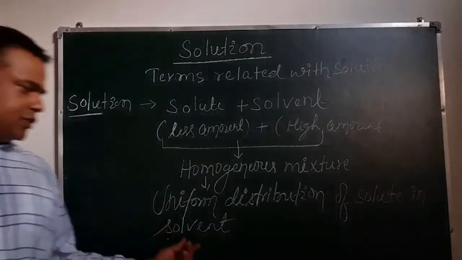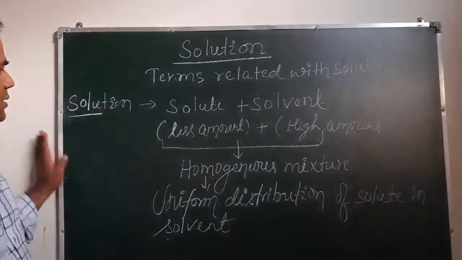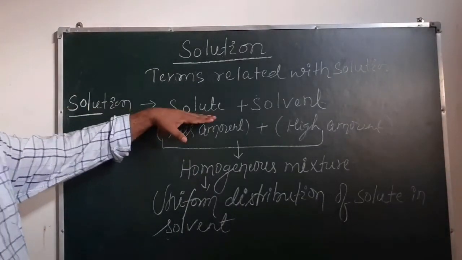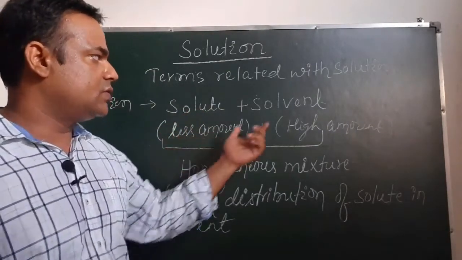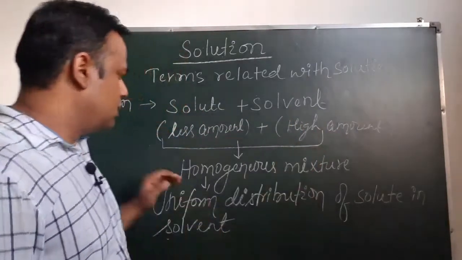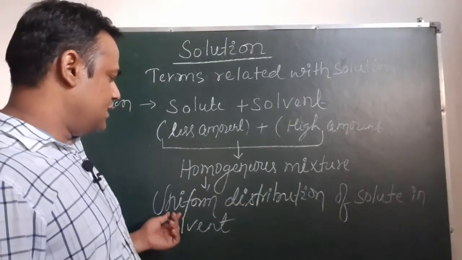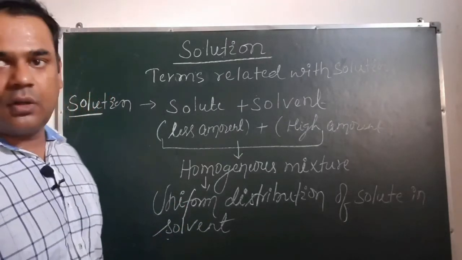When there is uniform distribution of solute in solvent, then this is called homogeneous mixture. So solution forms by mixing solute in solvent. Solute should be in less amount while solvent should be in high amount, and it forms a homogeneous mixture. That is, uniform distribution of solute in solvent.